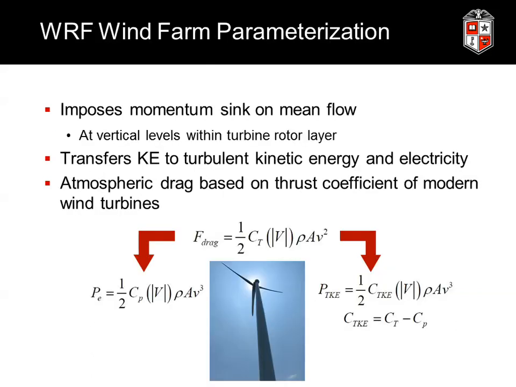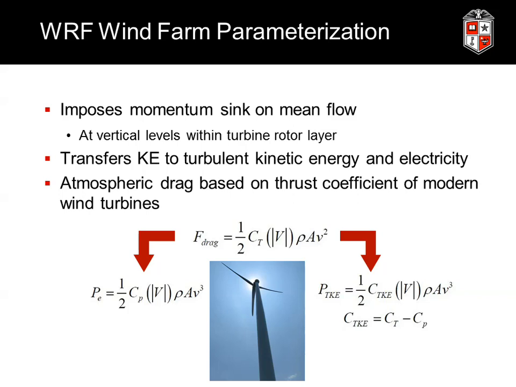So this parameterization in WRF for wind farms imposes a momentum sink at the vertical levels that are within the turbine rotor layer. And it transfers kinetic energy into TKE as well as electricity, as is shown in this diagram here. And the atmospheric drag is based on the thrust coefficient of the modern commercial wind turbines that are in the field today.